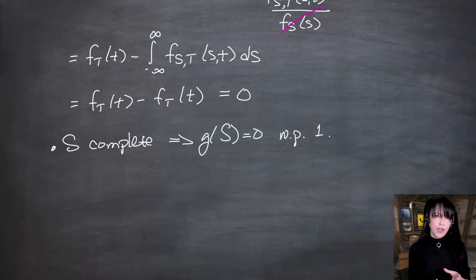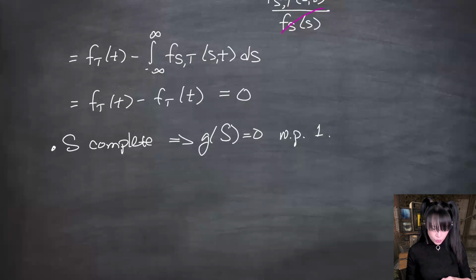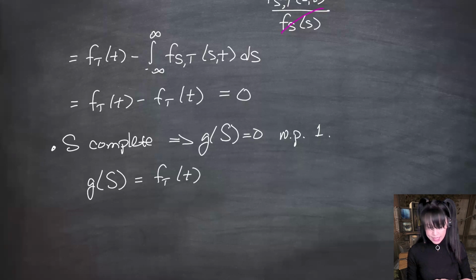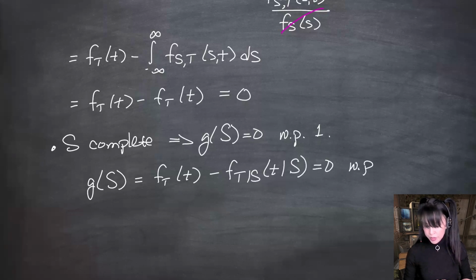You'll recall that doesn't mean the function G is identically 0, but it's 0 for all values that S is going to possibly ever take on. And what was this? G of S was f_T(t) minus f_{T|S}(t given S). So this is going to be 0 with probability 1.